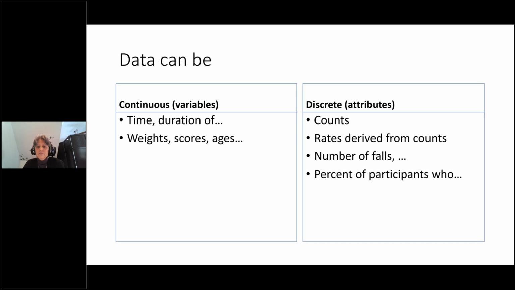These are counts of things, or rates that are derived from counts, things like the number of patient falls or the number of COVID patients. Could be percent of participants in your simulation who performed very well, or the percent of participants in your simulation who used closed loop communication, whatever. So that's data.